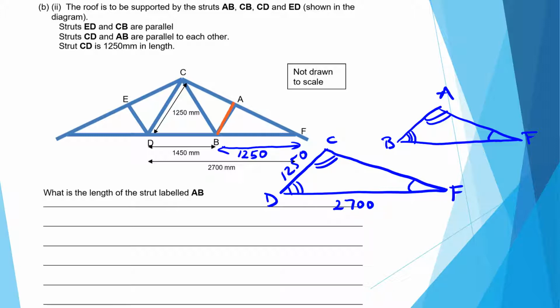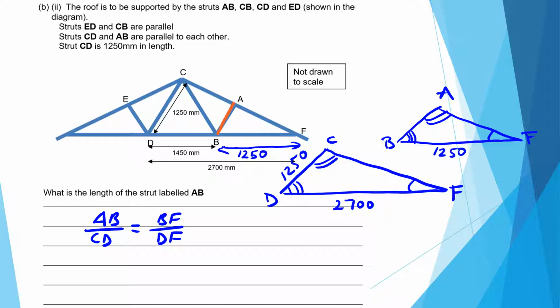Is that right? Just checking my arithmetic. So that's 1250 there. Now in the similar triangles, we have that the ratio of AB to CD is going to equal the ratio of BF to DF.